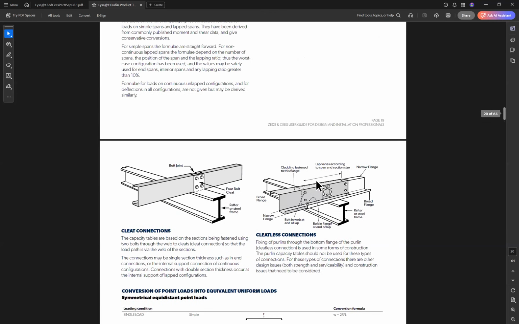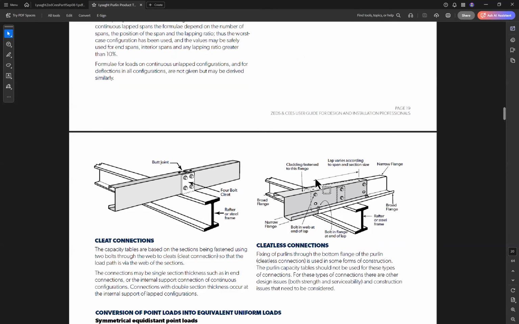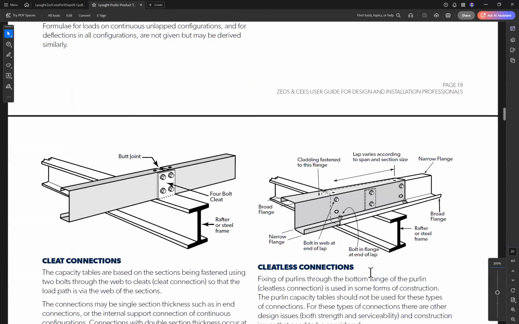Okay, so as you can see in this diagram here, we have to connect the purlins together.